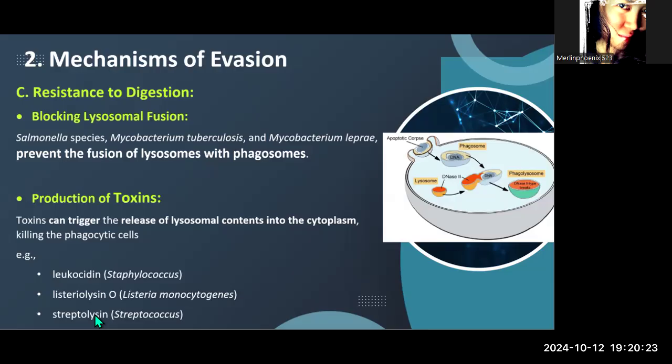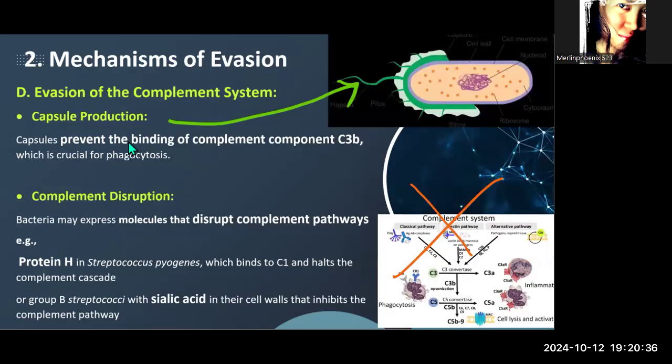These toxins can trigger the release of lysosomal contents into the cytoplasm, thereby killing the phagocytic cells.